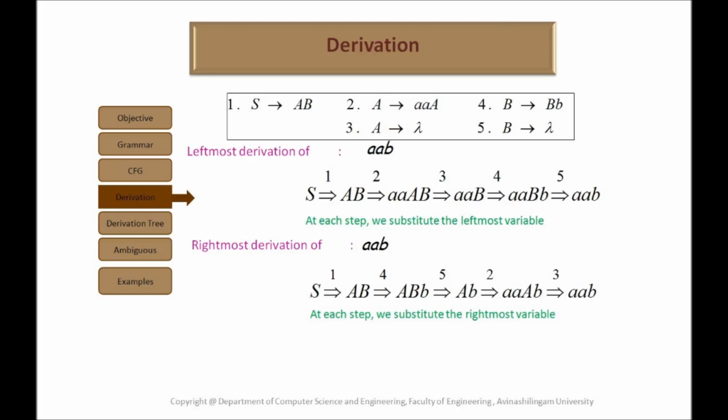Then using production 5 we substitute B. So it becomes AB. Again we have A as the rightmost variable. We have to substitute it by production 2. So it becomes AAAB. Here we have A as the rightmost variable. Now we have to substitute using production 3. So it becomes AAB. So the same string can be derived using both leftmost derivation and rightmost derivation.